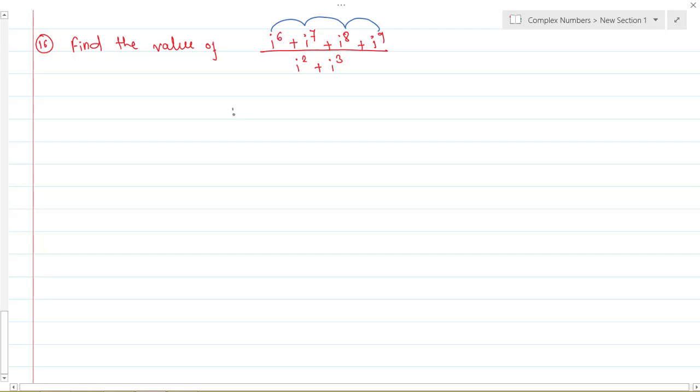So if I take i to the power 6 common, what I will get is 1 plus i, since 1 i is remaining, plus i square, since from the 8 I am taking 6 outside, and plus i cube, whole divided by, now you can take i square common, so what is remaining is 1 plus i. So here 1 plus i square plus i cube.